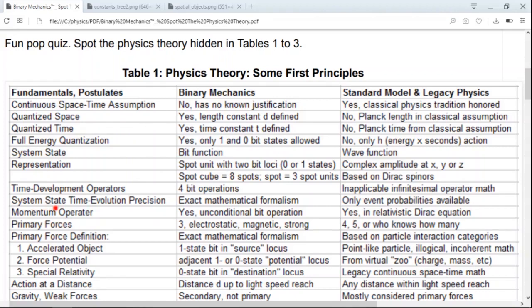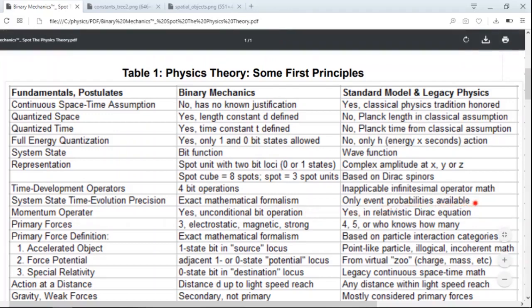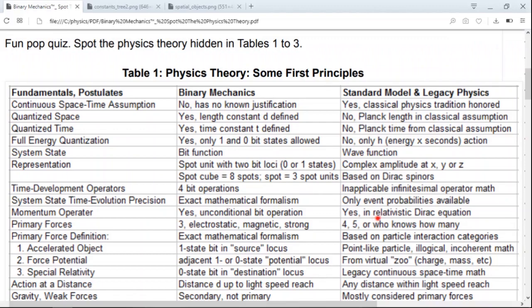So the system state time evolution precision is exact mathematical formalism in binary mechanics, whereas only event probabilities are available in the legacy physics regime. The momentum operator, yes, we have it. It's called the unconditional bit operation, derived from or based upon features of the relativistic Dirac equation.